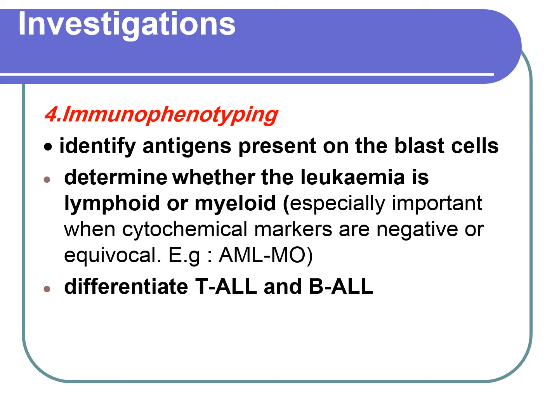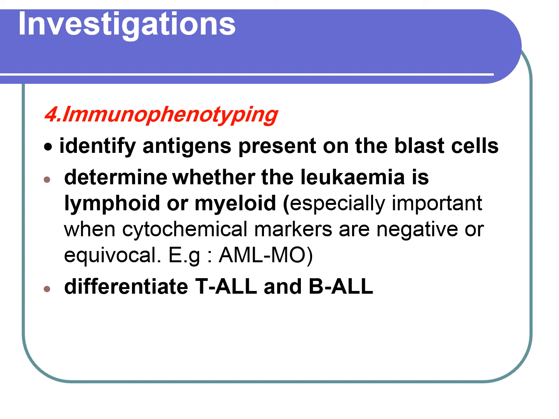And by identifying these surface receptors or antigens, we can identify if it is acute lymphoblastic leukemia, and whether the subtype is T type or B type.